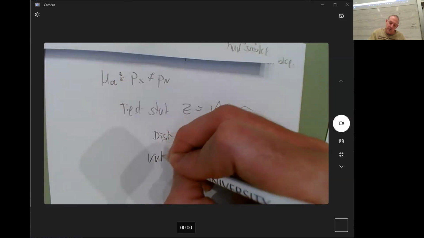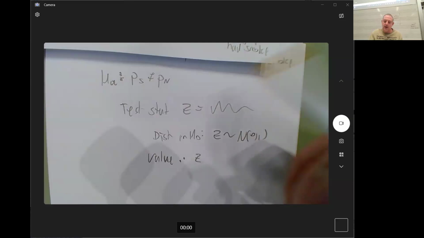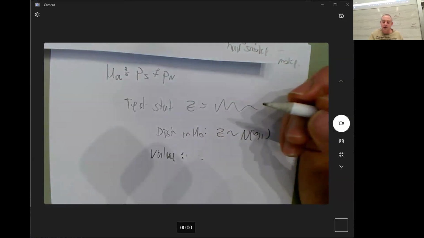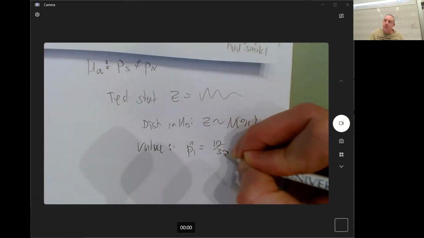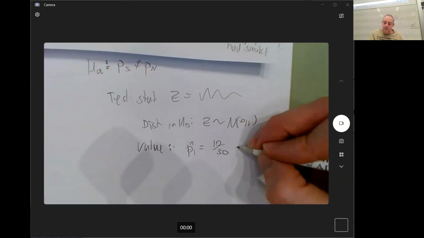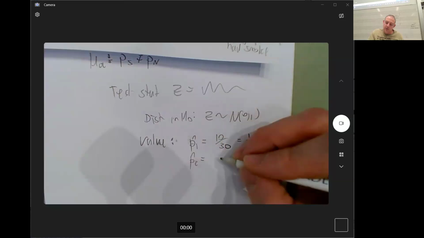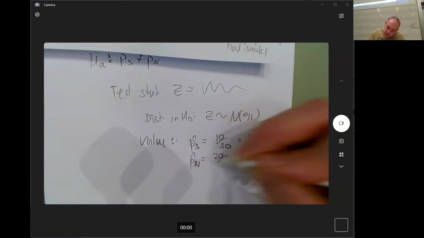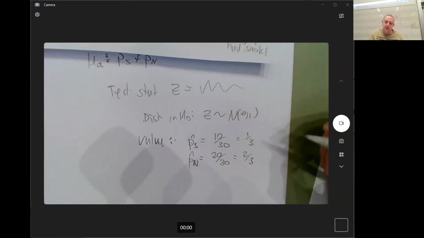And the value of the test statistic, I can't do the value until I figure out what all the hats are. So P1 hat was 10 out of 30 people. And P2 hat was 20 out of 30 people, which was 2/3.